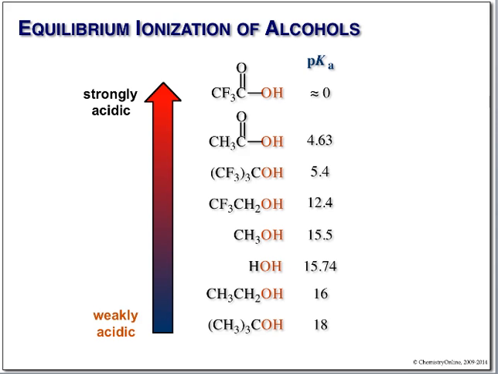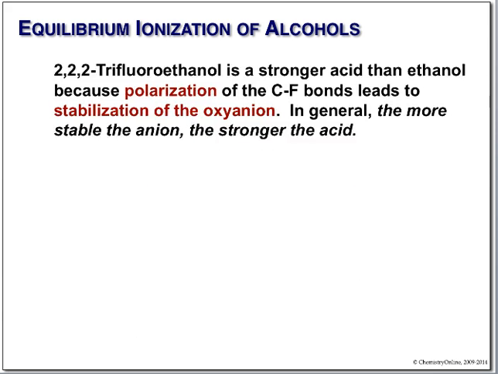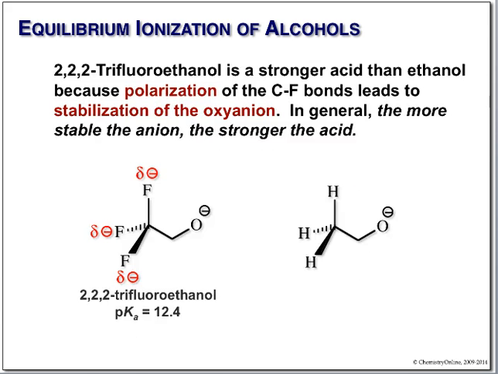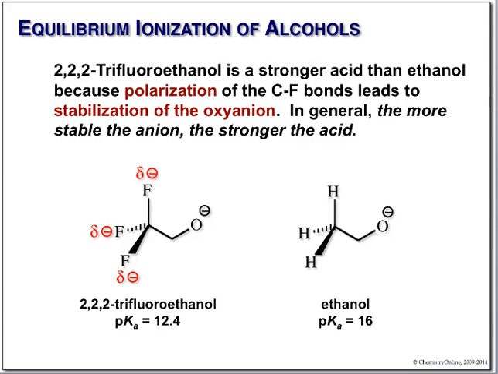Let's look at a pair here. Let's just compare ethanol and trifluoroethanol. These differ in pKa values by about 4 units. If you think about trifluoroethanol, fluorine is very electronegative.